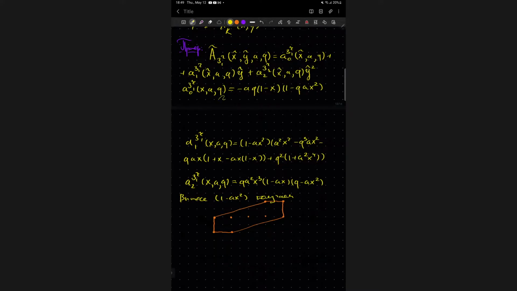So we have minus AQ, 1 minus X, etc. And you can see the rest is here. It's quite cumbersome, but after factoring out this multiple 1 minus AX squared, we get the following Newton polygon.